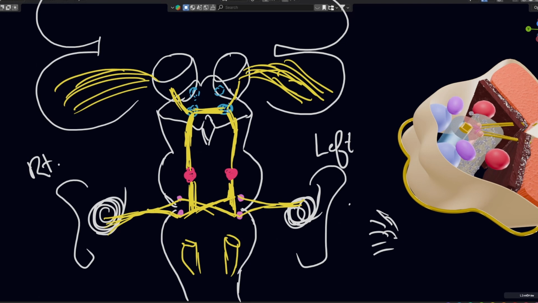So the inferior colliculus, along with the superior olivary nucleus, are both involved in auditory localization. Through some complicated mechanisms that we will discuss later, they will compare which ear is hearing the louder sound, right?